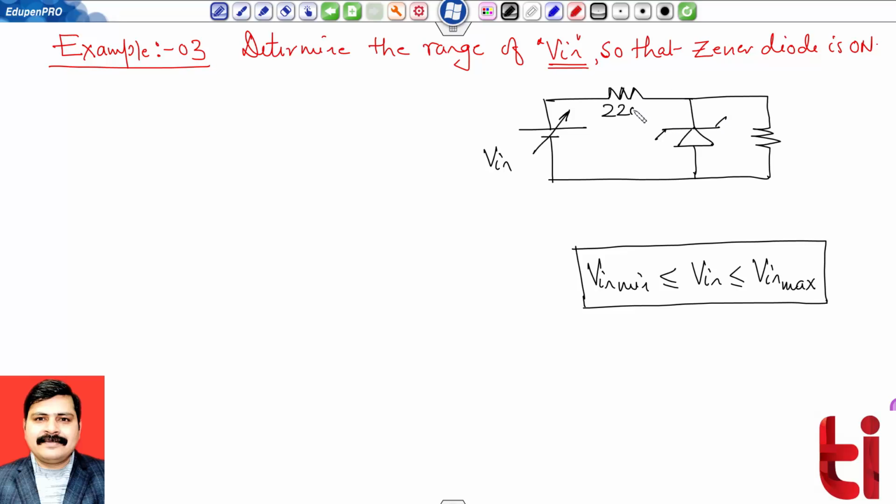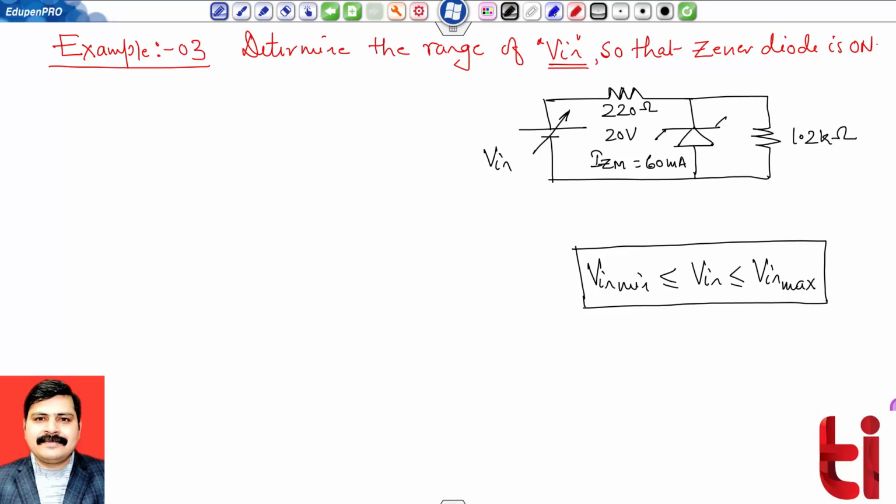And the data is given. This resistance is given as 220 ohm. VZ is given as 20 volt. IZM is given as 60 milliampere. Load resistance is given as 1.2 kilo ohm.